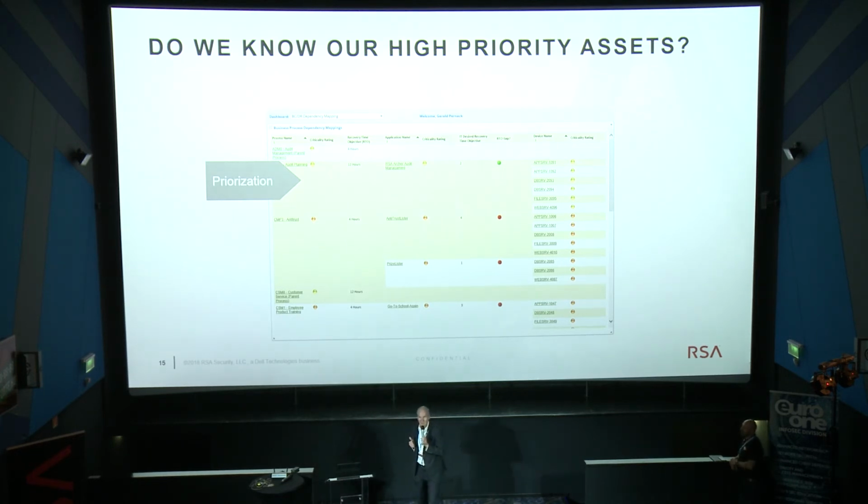Within RSA Archer, you are able to create these linkages between an asset, an application, information asset, business process, you name it, and the results coming from an assessment or a BIA. Using this information, you can focus immediately on the important assets and invest the money in new or updated security controls.